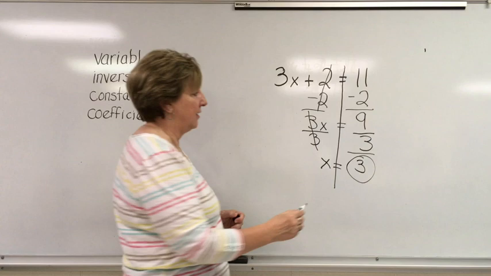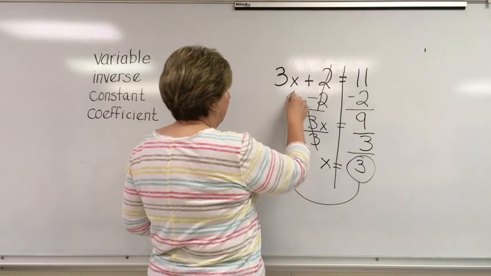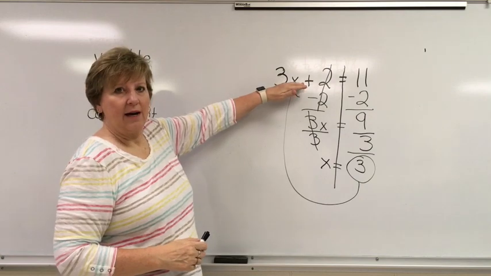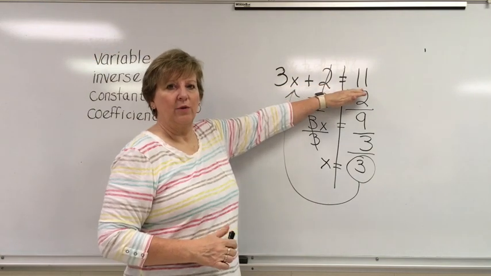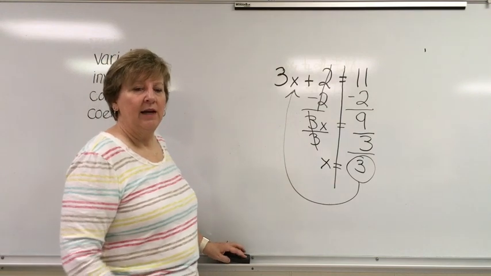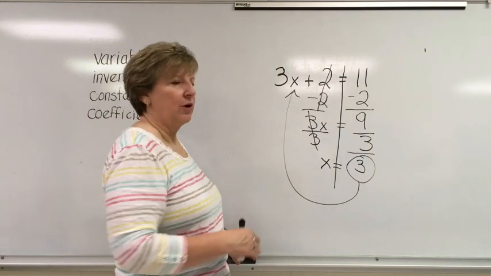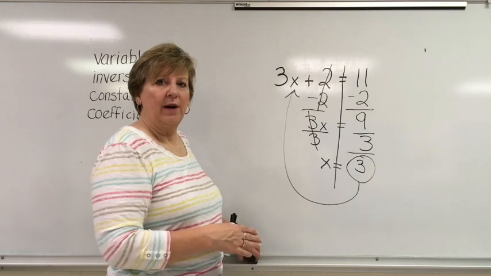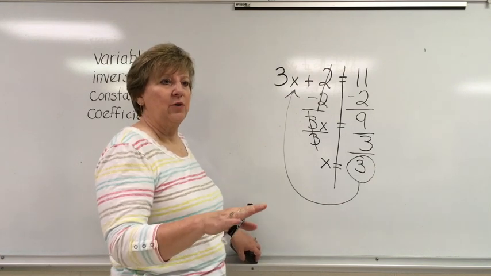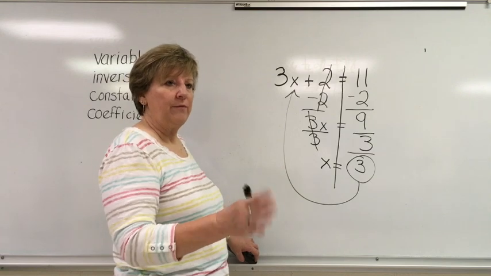It's always a good idea to check that. If we put 3 in for x, we've got 3 times 3 is 9, plus 2 equals 11. There we go. That's a two-step equation. Now take a few minutes and do a couple more of these on your paper, and then we'll come back and I'll show you some other things we can do.